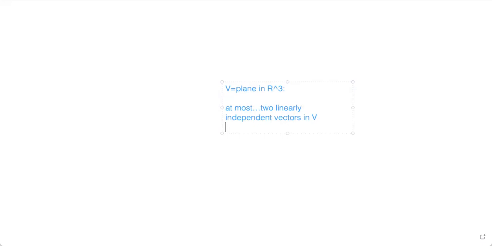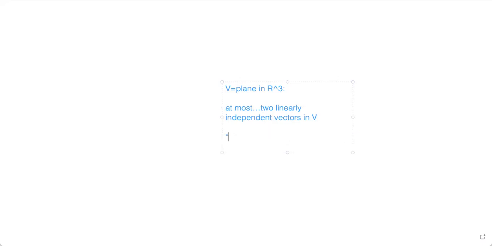So it's a plane, right? So that means that there are at least two vectors that span it, right? You've got a plane, so that's going to be two vectors, right? Because it's not a line, it's two-dimensional. But at most there are two linearly independent vectors because there might be two vectors to span V, but some of these might be redundant, right?